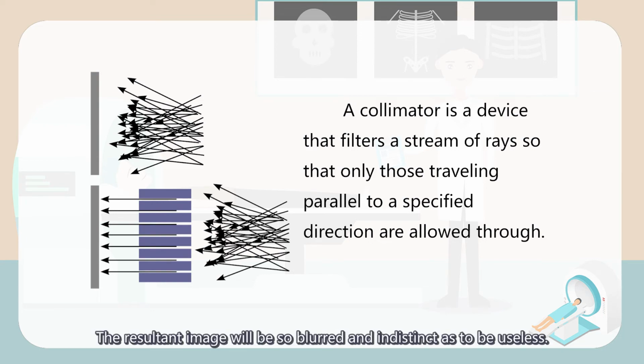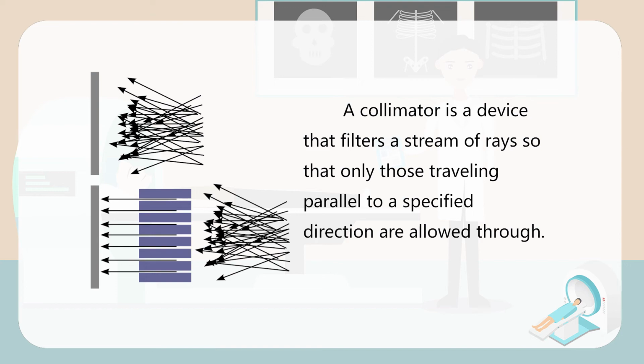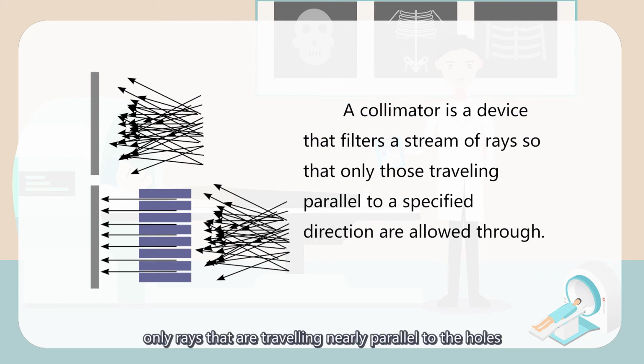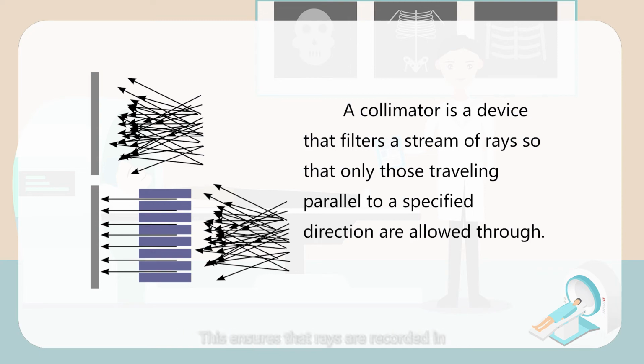The resultant image will be blurred and indistinct, so as to be useless. If a collimator is added, things change. Only rays that are traveling nearly parallel to the holes will pass through them. Any others will be absorbed by hitting the plate surface or the side of a hole. This ensures that the rays are recorded in their proper place, producing a clear image.